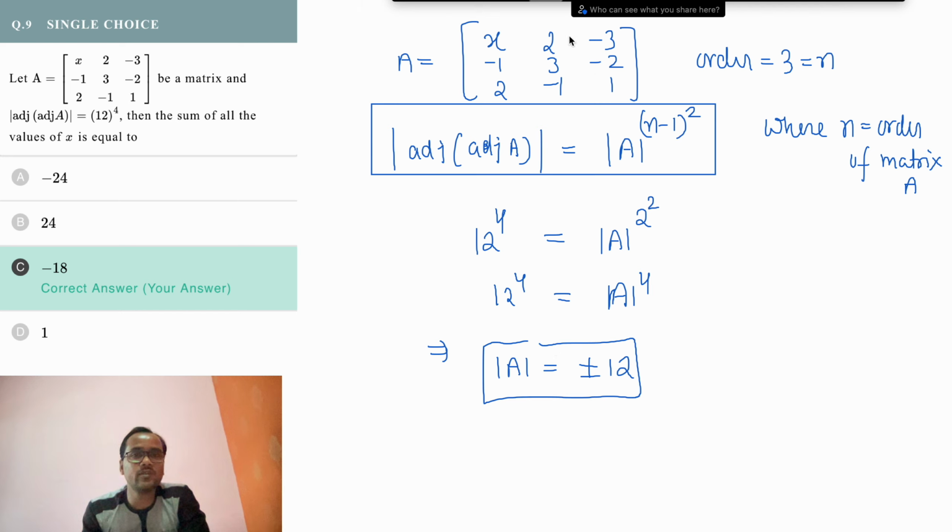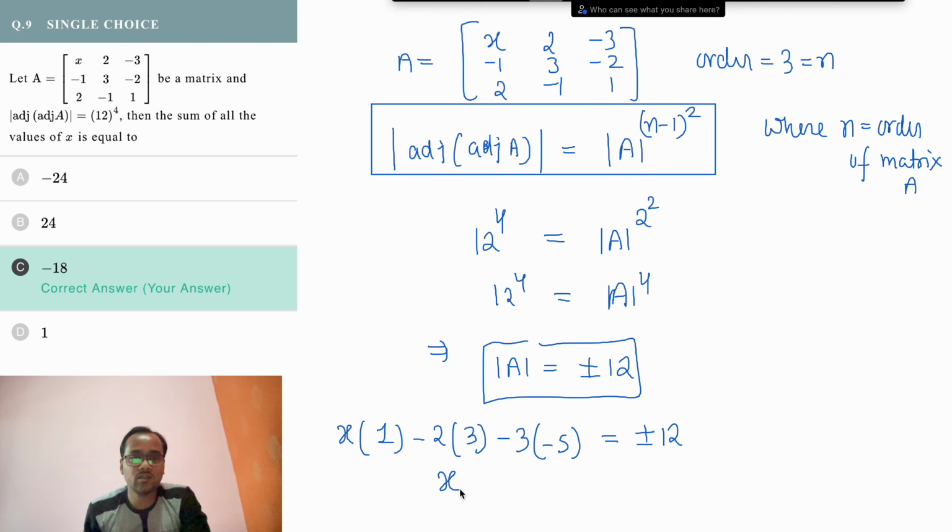Okay, and what would be the determinant of A? From the matrix we can find it: x into (3 minus 2), so that is 1, minus 2 into (minus 1 plus 4), so that's 3, minus 3 into (1 minus 6), minus 5, so that should be equal to plus minus 12.